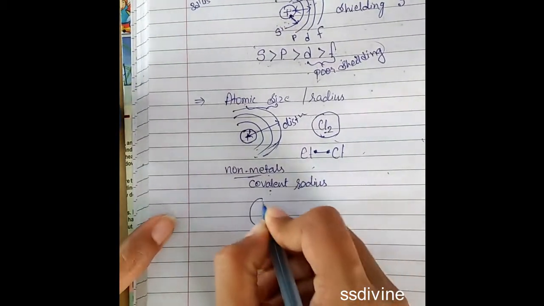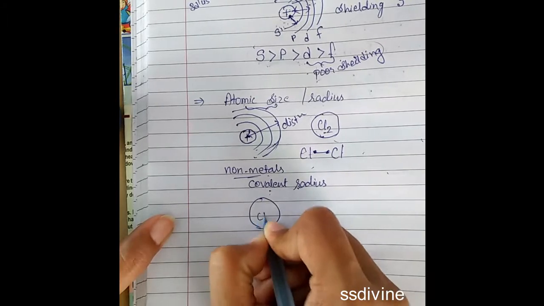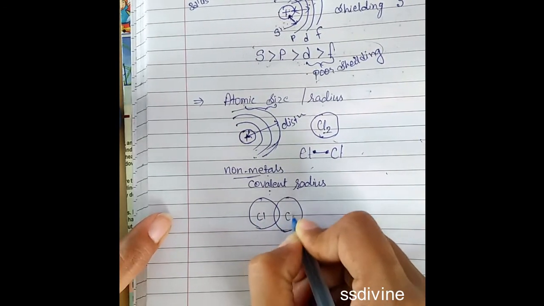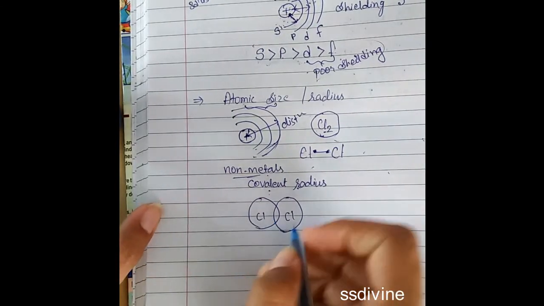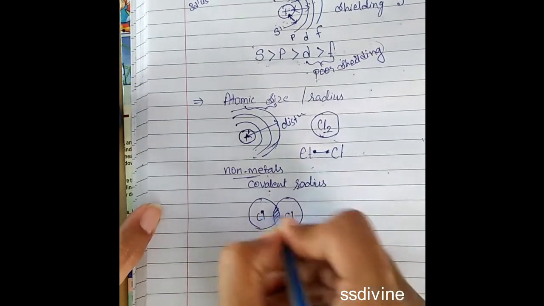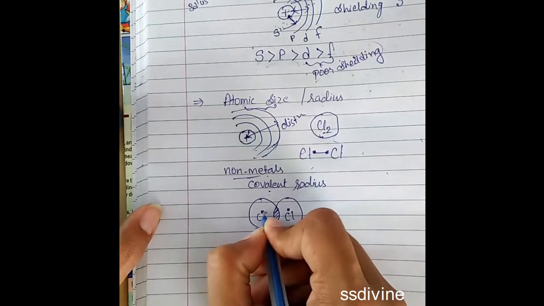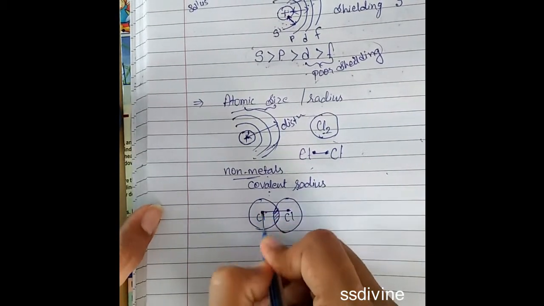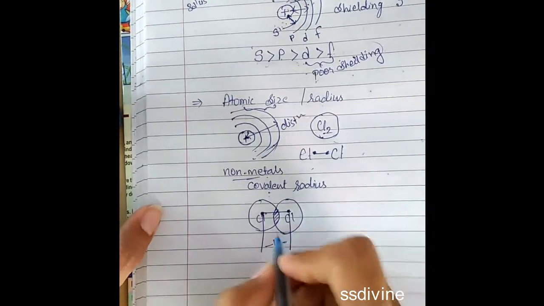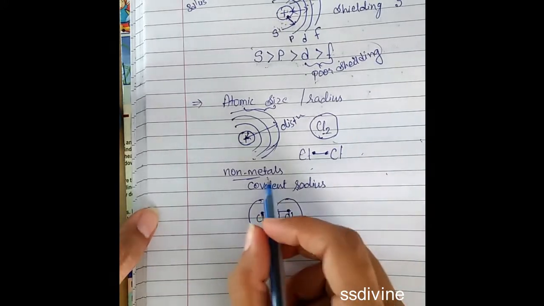This is your chlorine atom, one chlorine atom, and this is your another chlorine atom. So there is sharing of electron and you will find the extent of overlapping over here. So the distance between these two chlorine atoms, and taking half of the distance will give the atomic radius of non-metals.